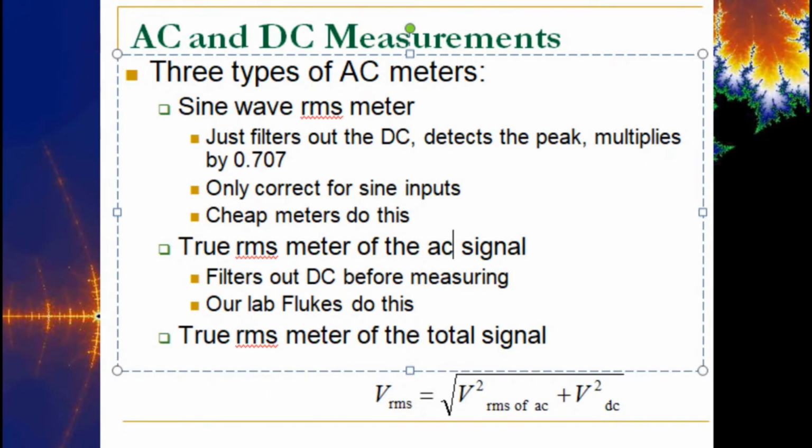Now I can't remember. I used to know every Fluke model and manufacturer model number for all these different things, and the farther I get away from my job, I just can't remember them. But there was one that everybody has, the Fluke 87, that's what it was. That thing is like $400, okay, and it's a handheld device. But that one's got true RMS. That's like the workhorse of industry, the Fluke 87.